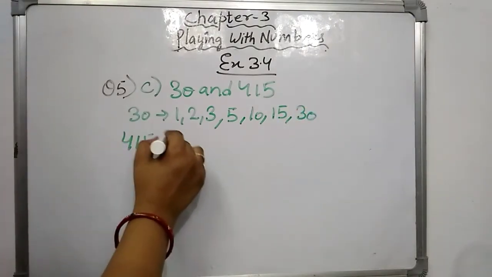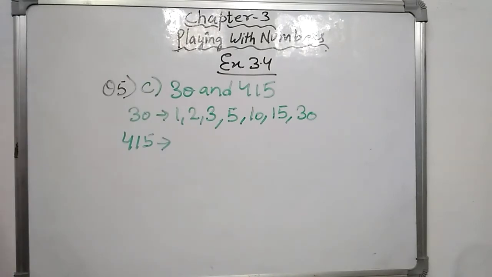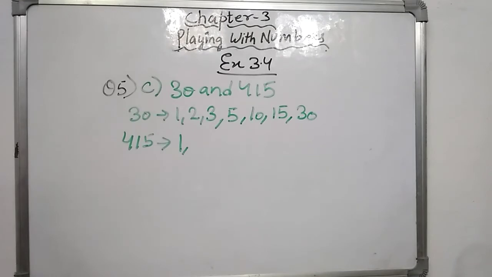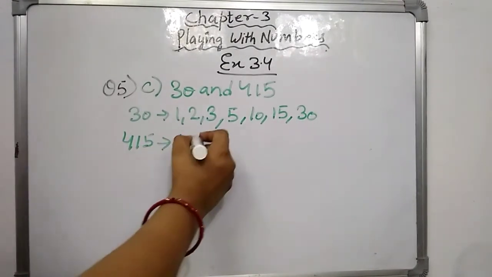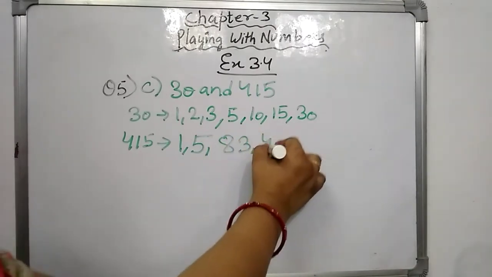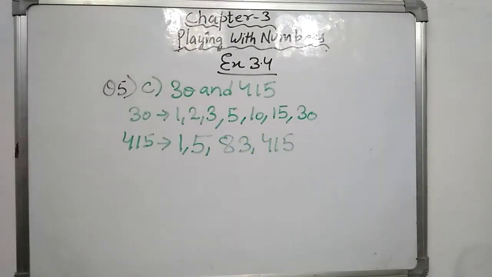Factors of 415 we will write: 1, 5, 83 and 415.